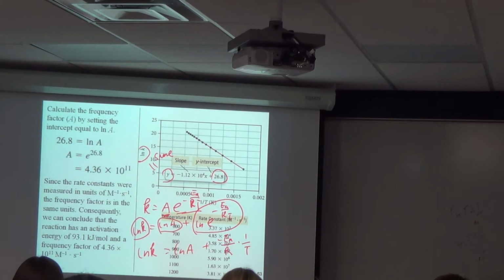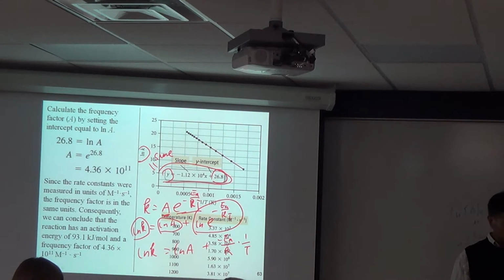So I'm going to use this equation, 1.12 and 26.8. That's the next practice.